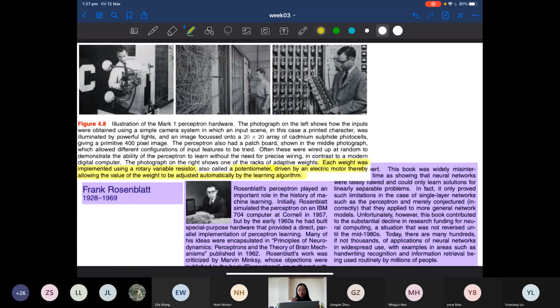It actually involves moving mechanical and electrical parts working jointly together. And it is admirable that the pioneers of machine learning at that stage came up with this conceptually elegant picture of learning to separate two classes with guarantees, and also came up with this physical implementation that actually works.